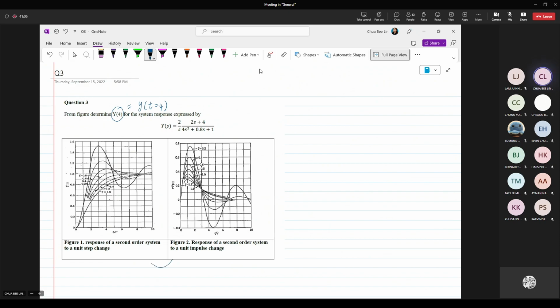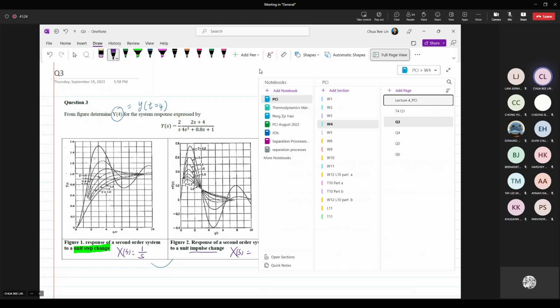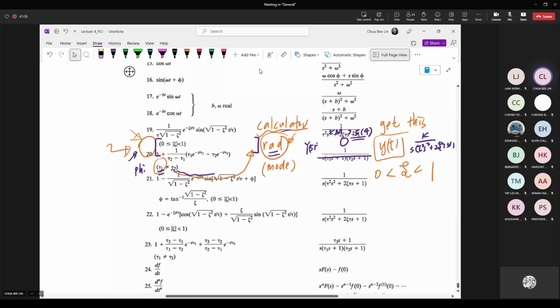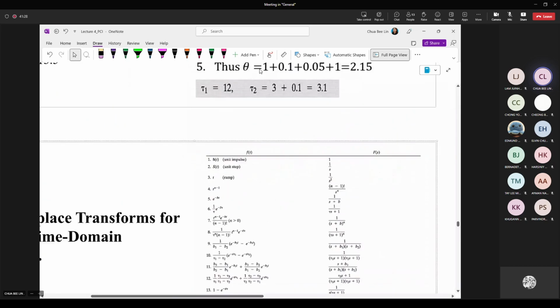So you'll see the keyword given for the first graph is unit step change, meaning that your X(s) is 1 over s. Impulse change is X(s) equals 1. Follow the Laplace transform table; you can refer to the first 2.